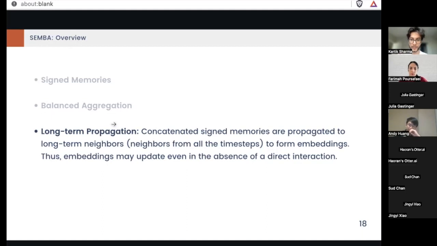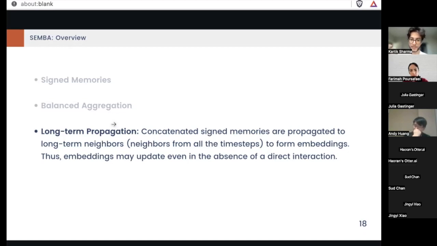To update the representations of nodes which are not directly involved, we use long-term propagation, where we propagate the signed memories, or the concatenated signed memories, over all the neighbors, not just the neighbors formed at the current timestamp but all the neighbors formed so far, to form what are called the embeddings.